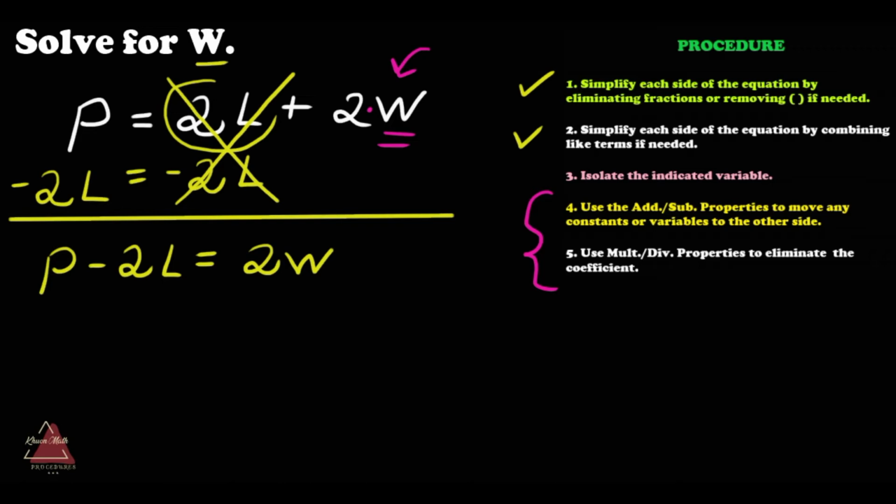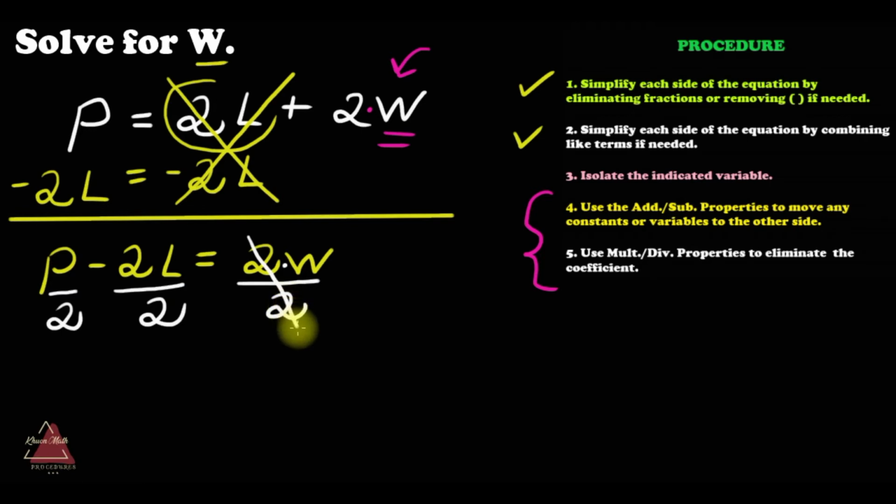Step 5 is to use the multiplication or division property to eliminate the coefficient. So the coefficient of W is 2, so we have times 2W. So to get rid of the 2, we have to use the division property of equality to cancel the 2. So we divide this by 2, we got to divide this by 2, and then we got to divide this by 2.